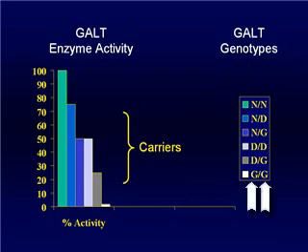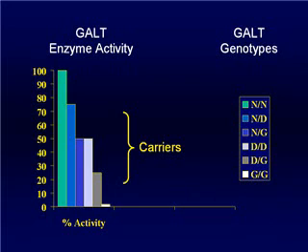Alternately, GG indicates that both genes have a severe abnormality that will lead to essentially no enzyme activity. Between these extremes, note the genotypes that can reduce but not eliminate GALT enzyme activity. Newborns with these genotypes do not have galactosemia because they have enough enzyme activity to prevent the disorder.